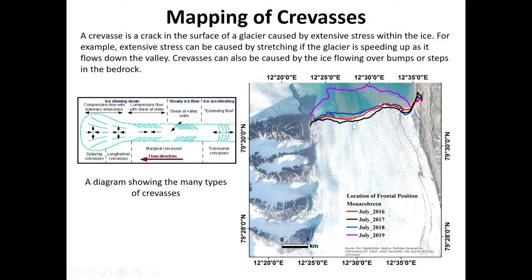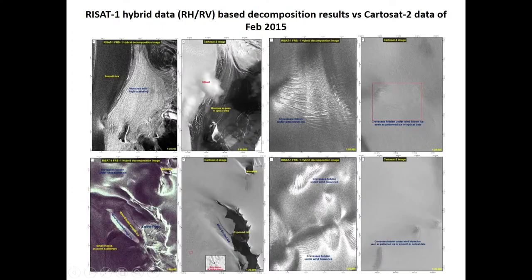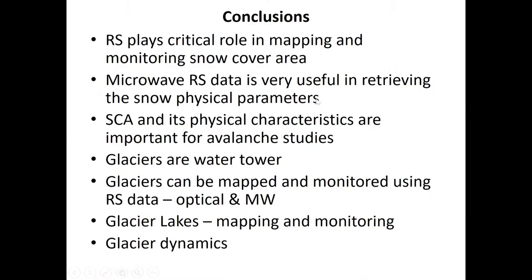Because of these crevasses, the ice gets detached from the glacier and gets deposited in the sea. Similarly, you can identify different crevasses on Cartosat images. I have shown you some examples.